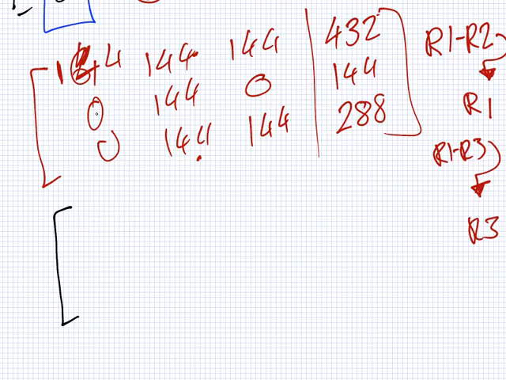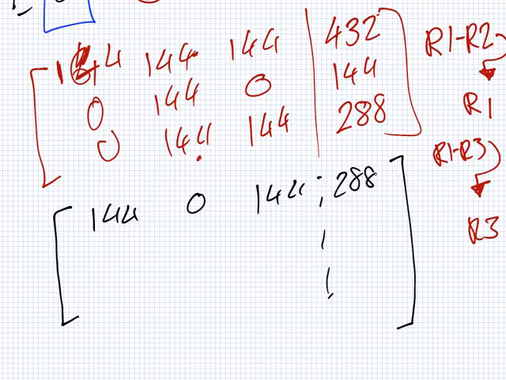Right, row 1 minus row 2. So 144 minus 0, 144. 144 minus 144, 0. 144 minus 0, 144. 432 minus 144, please. 288. And then this is 0, 144, 0, 144.